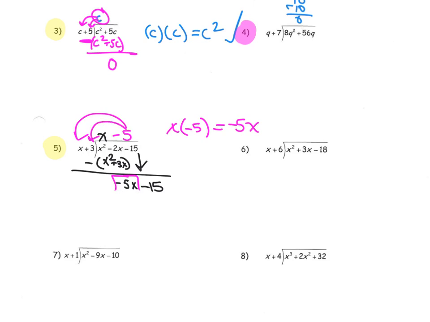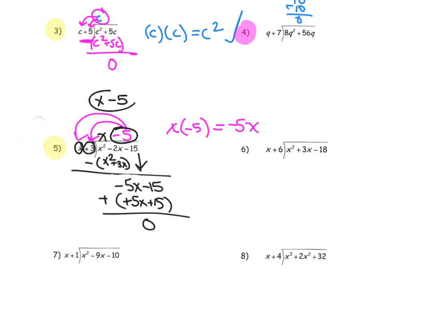When we're dividing, we always subtract out the remaining. Negative 5 times x is negative 5x, and negative 5 times positive 3 is negative 15. When I subtract this out, this becomes positive, and we're left with 0. So my final answer is x minus 5.